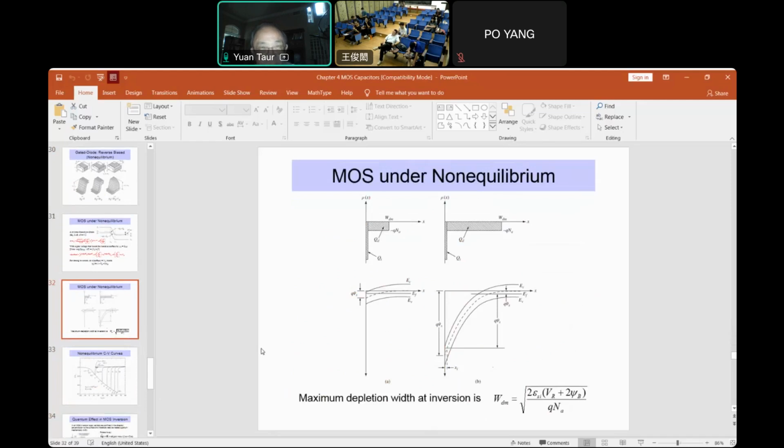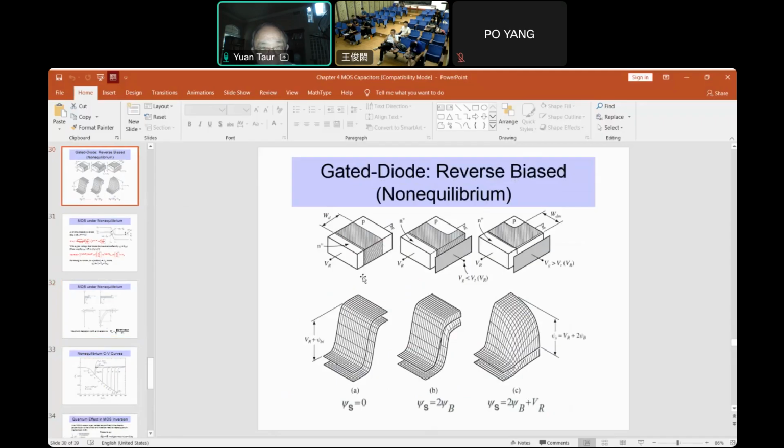Another way to look at this is to take a look at the charge. In this case, we take a cut in this direction, perpendicular to the gate, and so we don't see the PN junction. The PN junction is perpendicular to that cut.